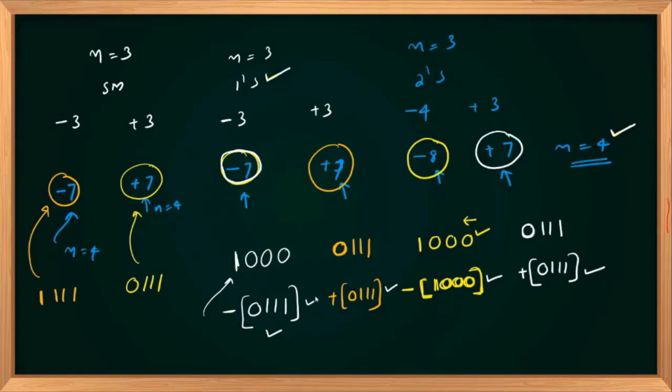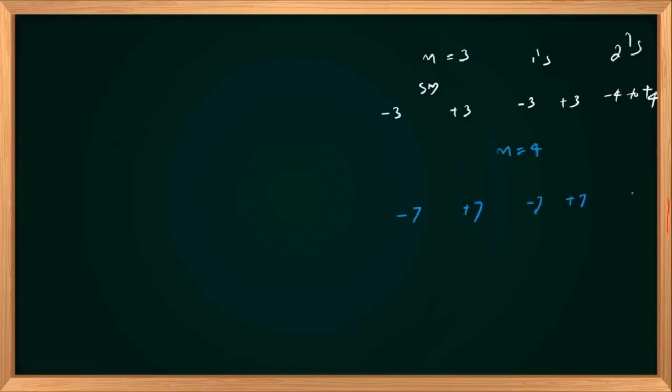So if n equal to 3, I could represent numbers from minus 3 to plus 3 in sign magnitude, minus 3 to plus 3 again using 1's complement, and minus 4 to positive 3 using 2's complement representation. Similarly, if n equal to 4, I could represent minus 7 to positive 7 in sign magnitude and 1's complement, and minus 8 to positive 7 in 2's complement.